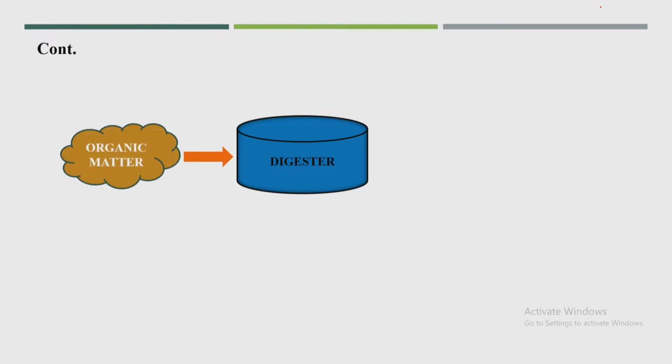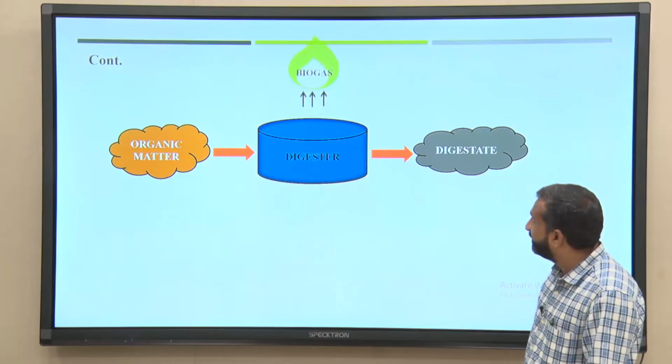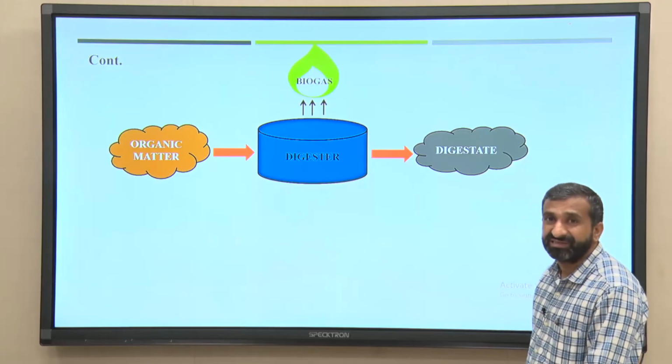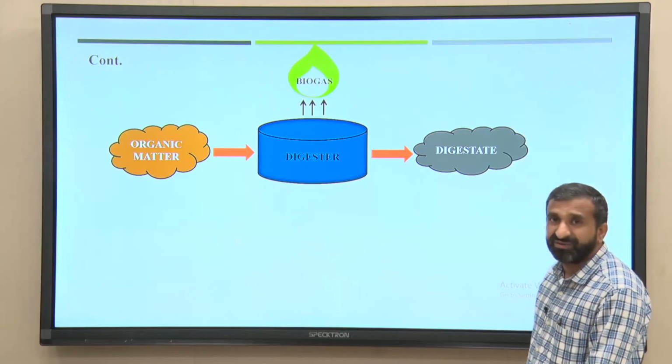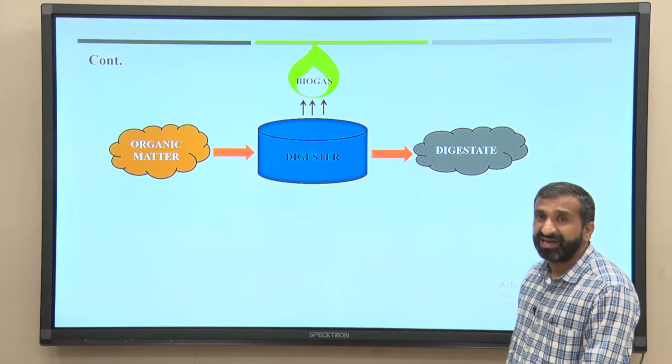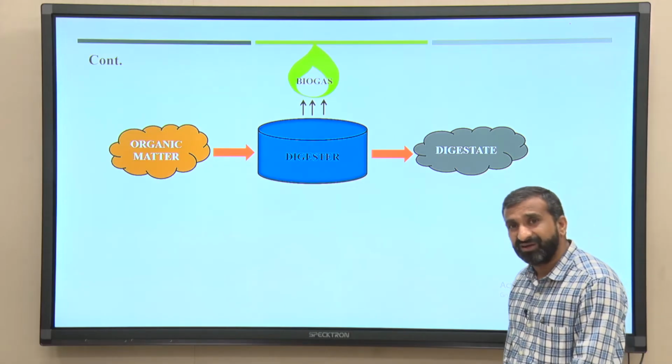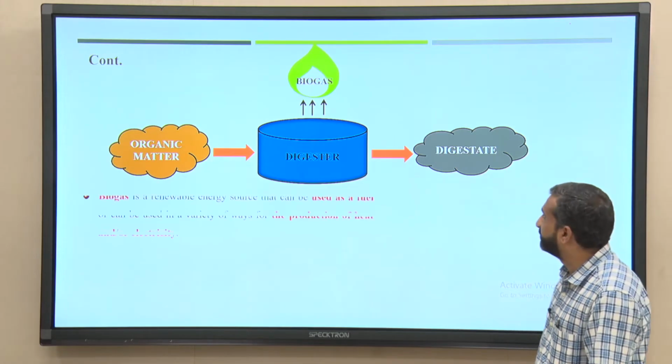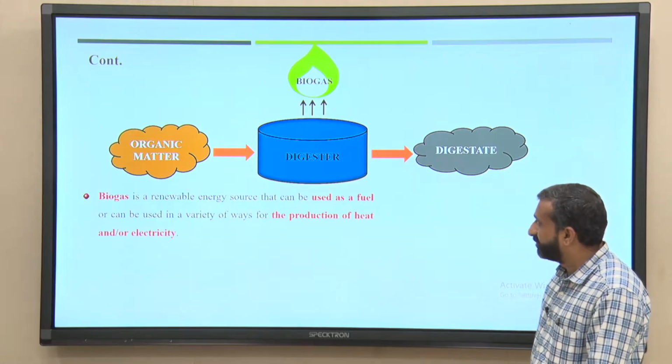Here this is the digester. If you feed organic matter, finally we get digestate as the outcome of the reactor. Along with that biogas is generated, which is majorly methane, a highly combustible gas, along with carbon dioxide because of the degradation process.